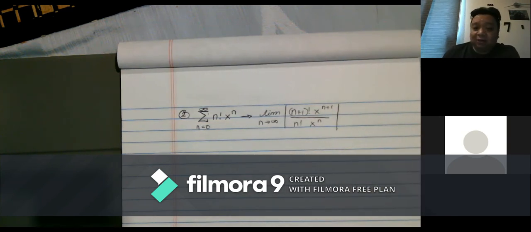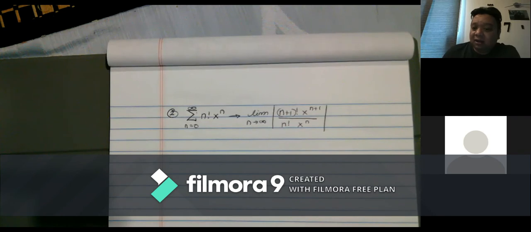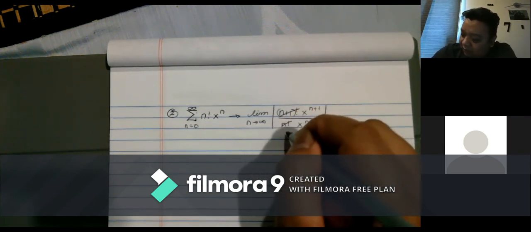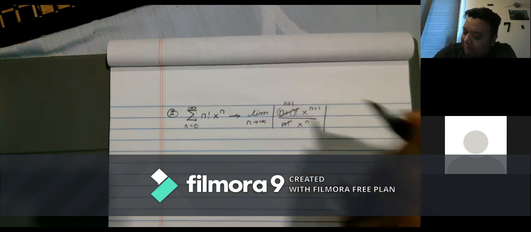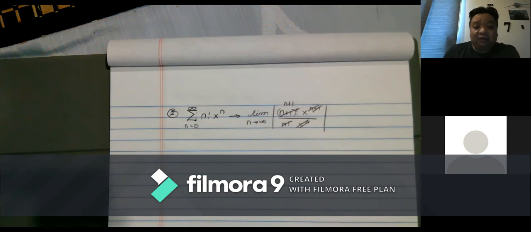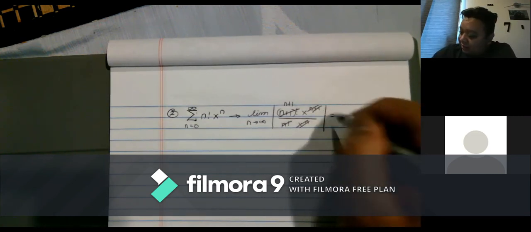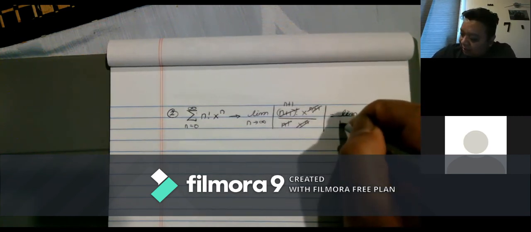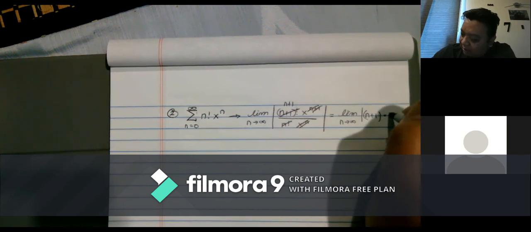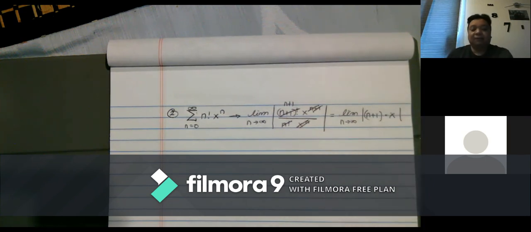And again, start reducing. And so the n plus 1 factorial would give me n plus 1 on the top. The x to the n would give me an x left over on the top. So this is now the limit as n approaches infinity of n plus 1. And since there are 2 terms, let me put parentheses on there, and then times x.